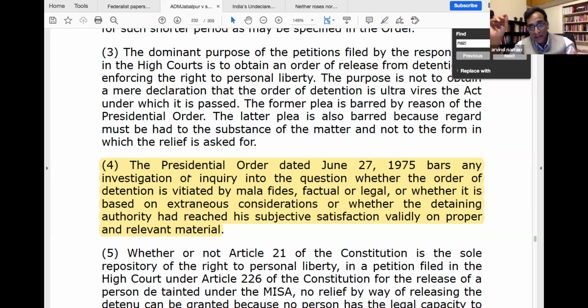So basically, you're saying the detention order is there. That's all that matters. We don't need to ask any further question. Story over. That's the conclusion as far as the majority is concerned.